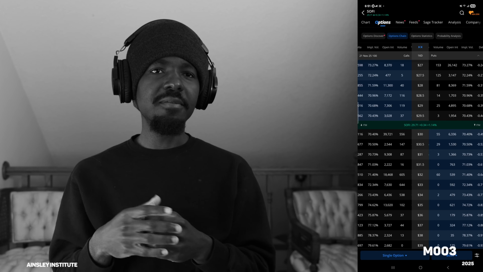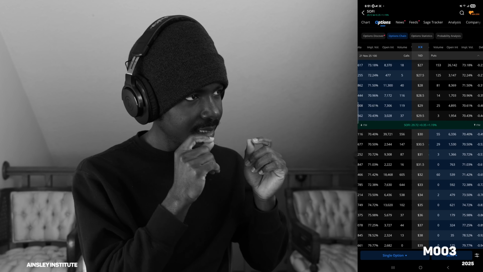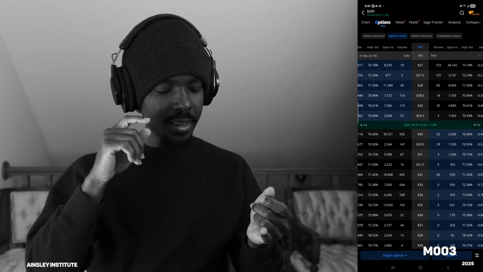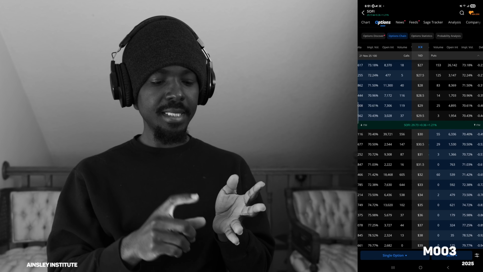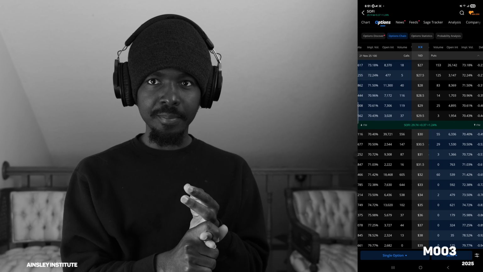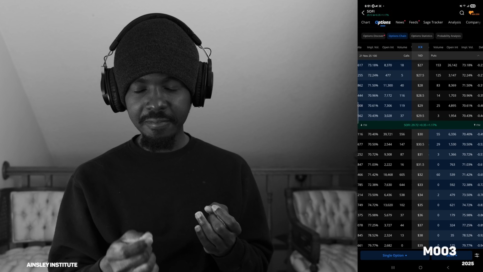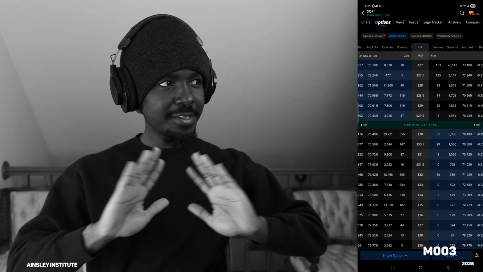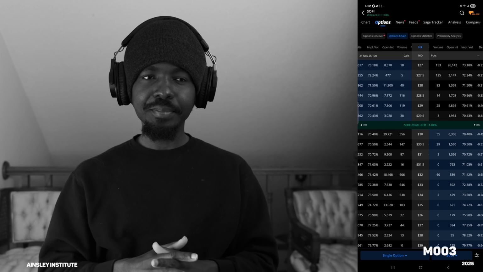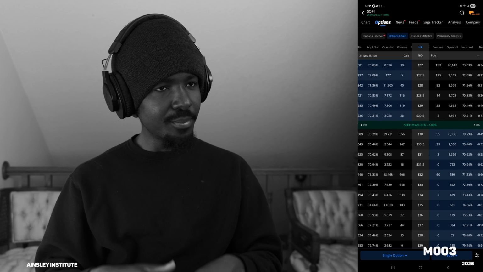The extrinsic value would be $2.50. And then in order to calculate the break even, you're going to add the strike price plus the premium that you paid, which would be 35 plus $2.50, which is $37.50. Simple as that. Beautiful.